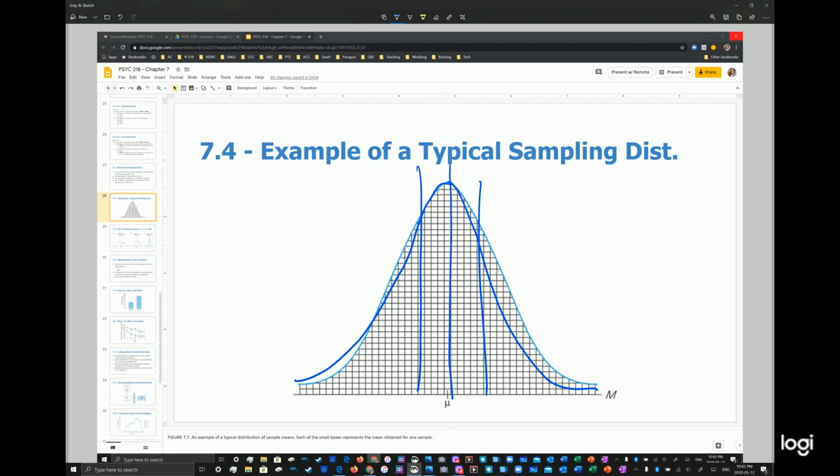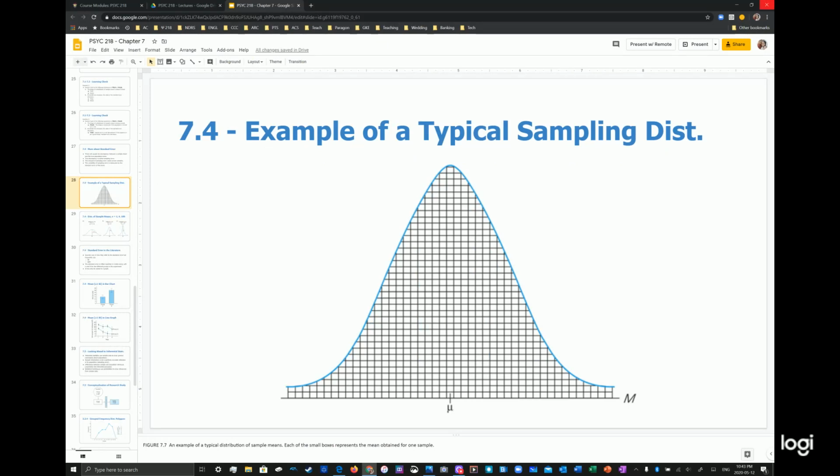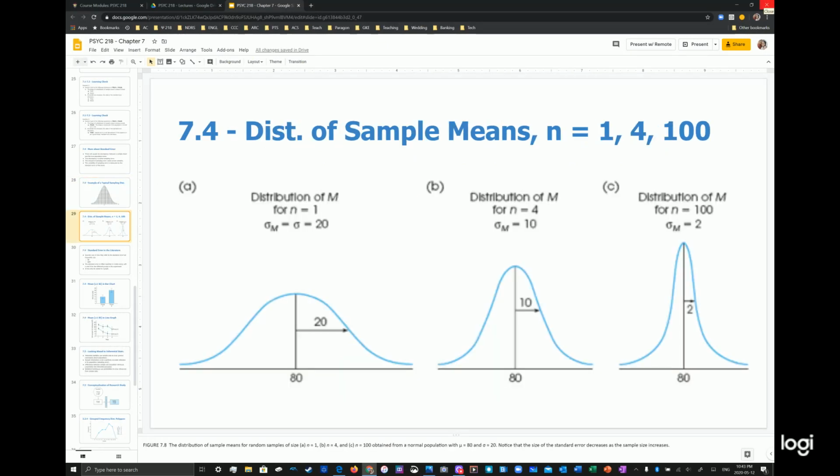So it would be normally distributed provided the conditions that we talked about: the population is normally distributed and your sample size is large enough, like 30 or more.